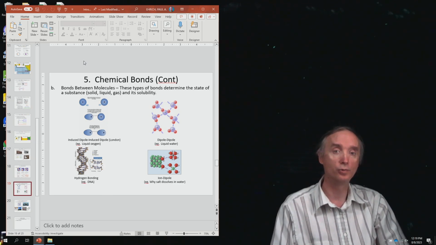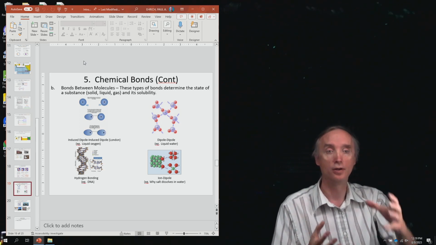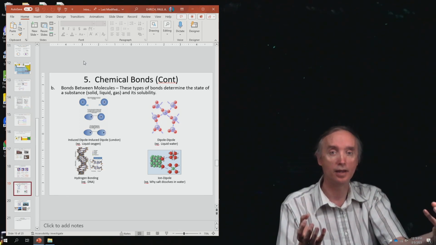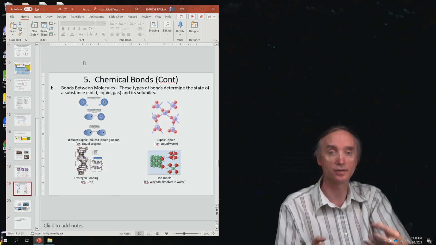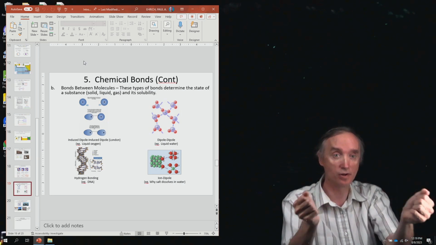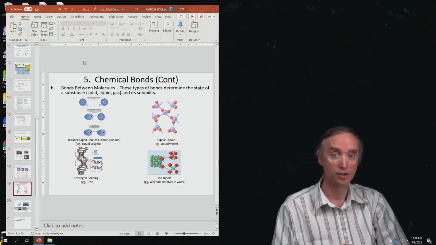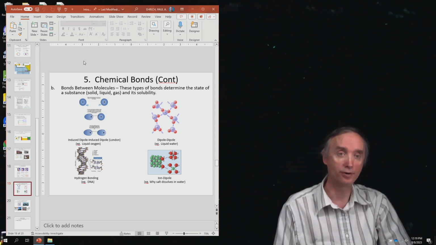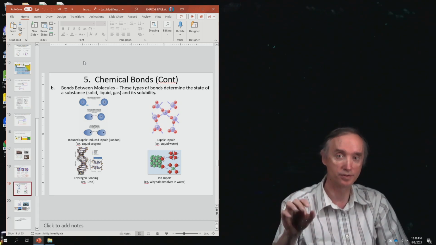And then the other one was how can water pull away the chlorines and the sodiums from salt and cause the salt to dissolve. So those were 2 kinds of bonding that a molecule could have with another molecule. Do not worry about the two examples that are over there on the left-hand side, the one that's on the top and the one that's on the bottom.